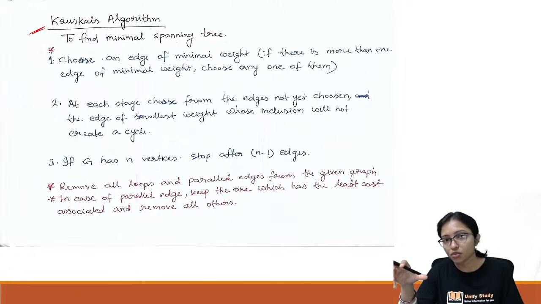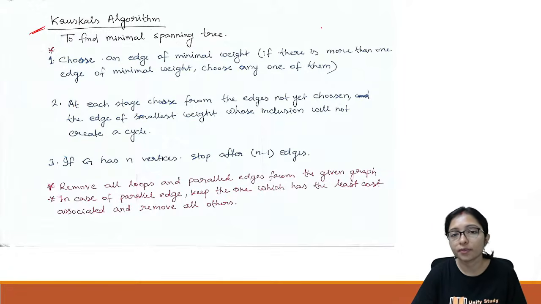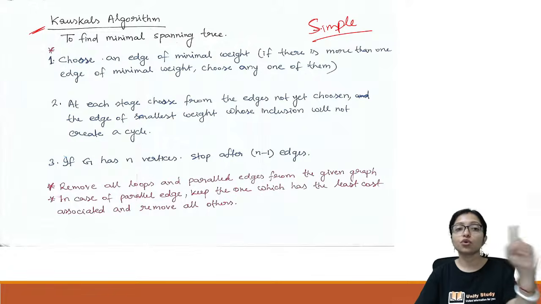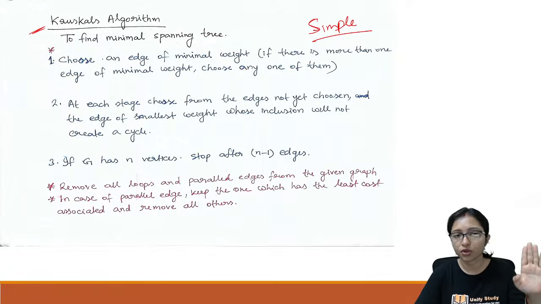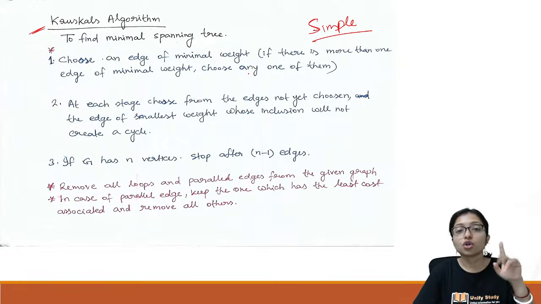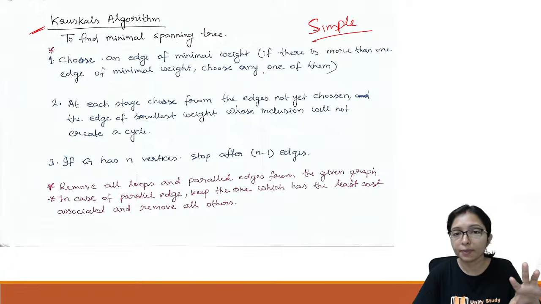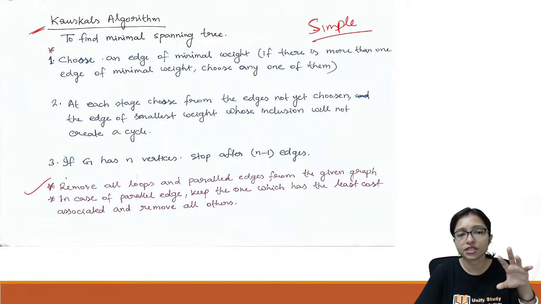Okay. Now you can see how Kruskal's algorithm works. First of all, it must be a simple graph. Simple graph means, as I told you yesterday, there will be no loop and no parallel edge. If there are any parallel edges or loops, then remove them. Remove all the loops and parallel edges first.